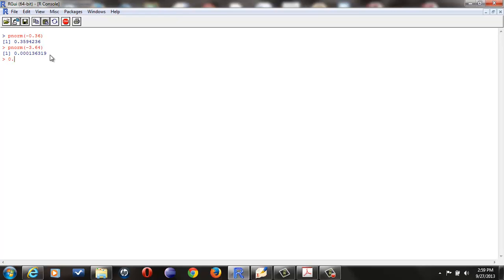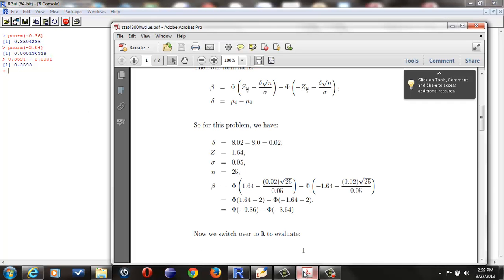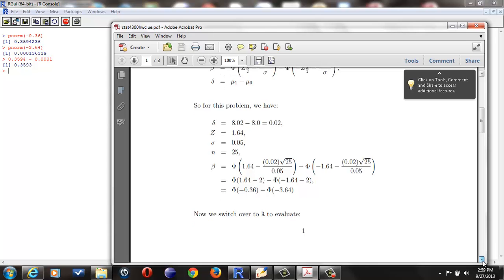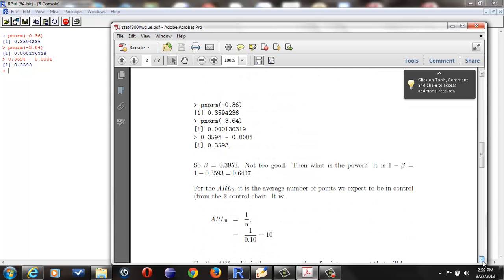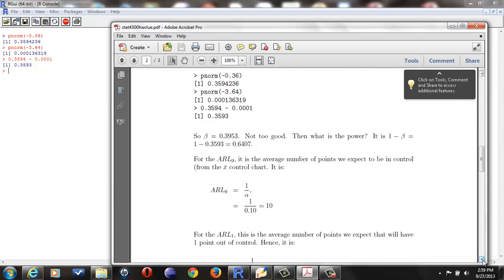So if I take these and subtract them, I have 0.3594 minus 0.0001, and that gives me 0.3593. So that's my beta value. Okay? And if you scroll down to the next page, that just has it in there. So beta is equal to 0.3593, which is not good.